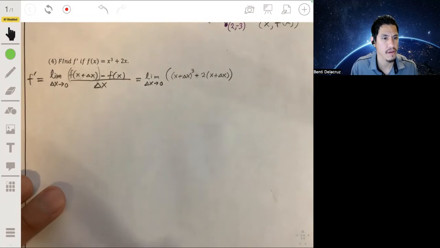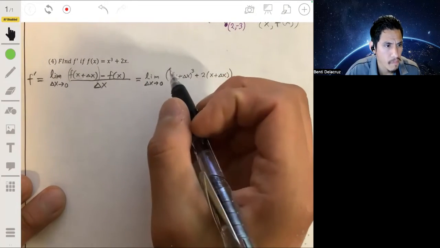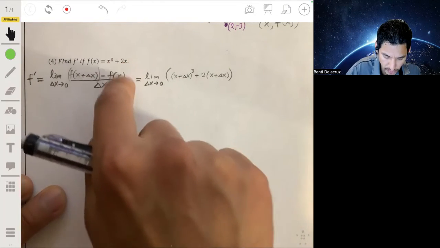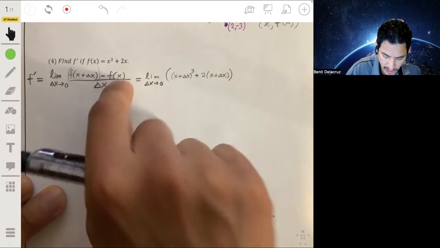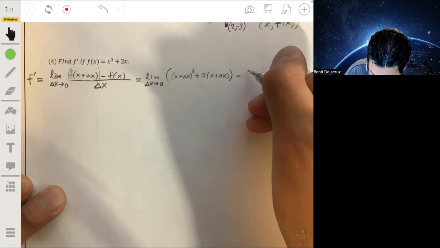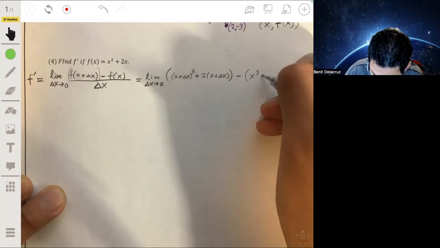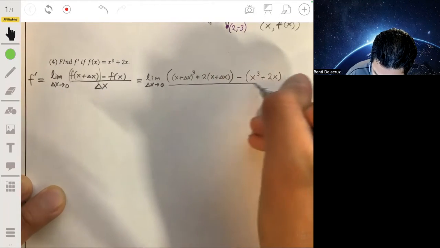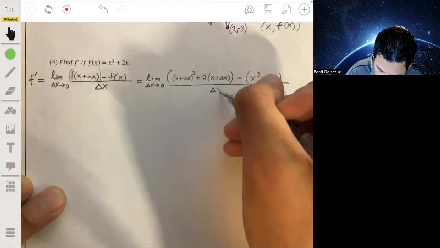That'll be the first part. And then minus f of x, and then minus this whole thing. This x cubed plus 2x will replace that x there. So minus x cubed plus 2x, all over delta x.